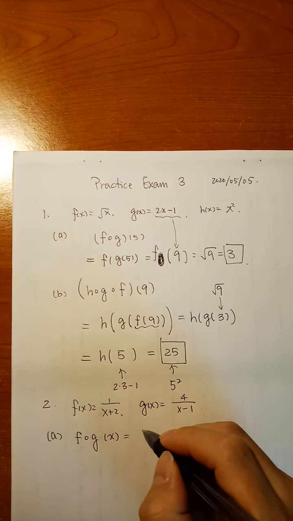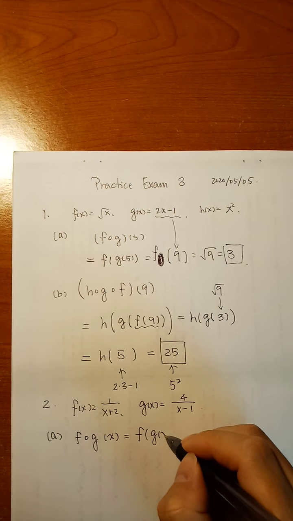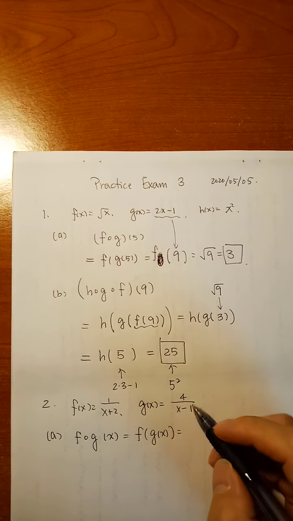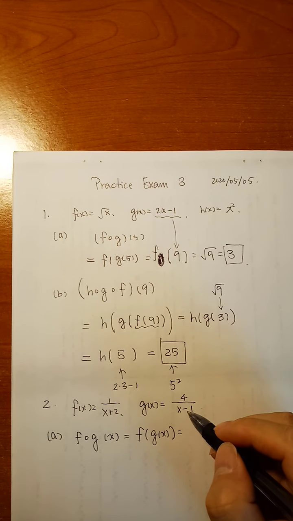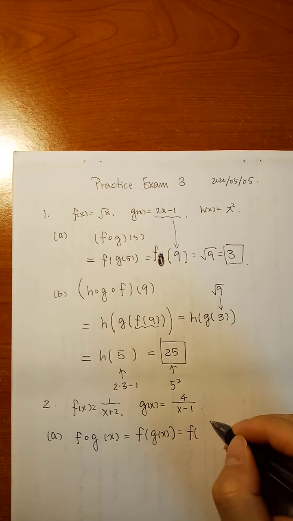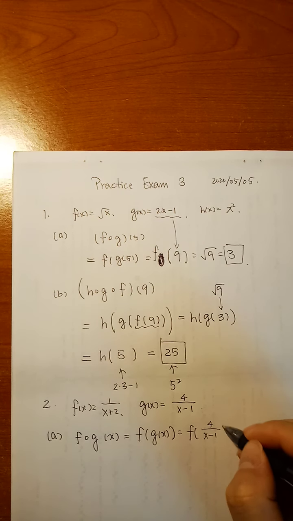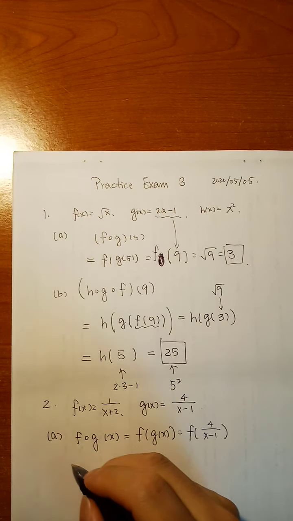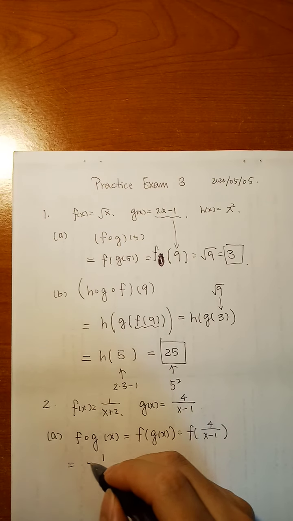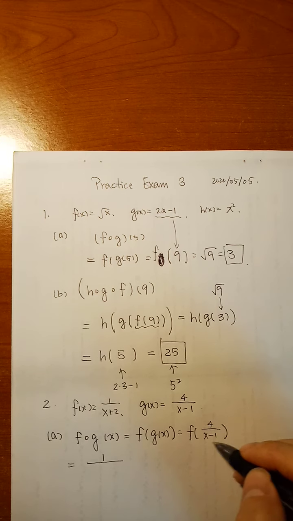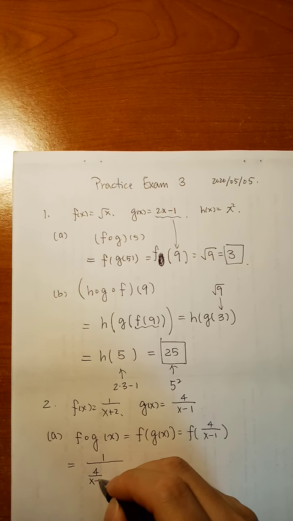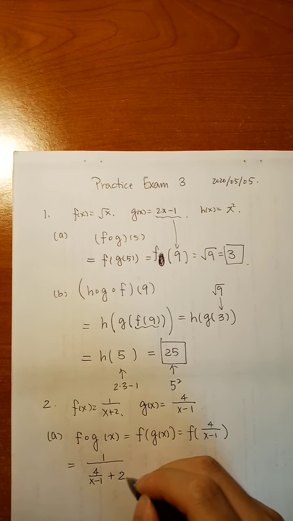So f compose g of x is f of g of x. And here, g of x is 4 over x minus 1. So it's f of 4 over x minus 1. So continue to plug in. You apply the f function, so it's 1 over (4 over x minus 1) plus 2.